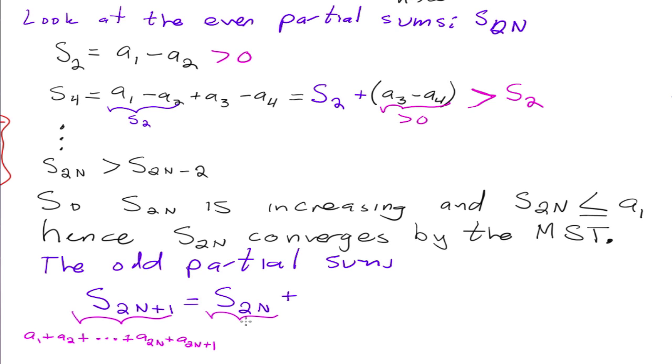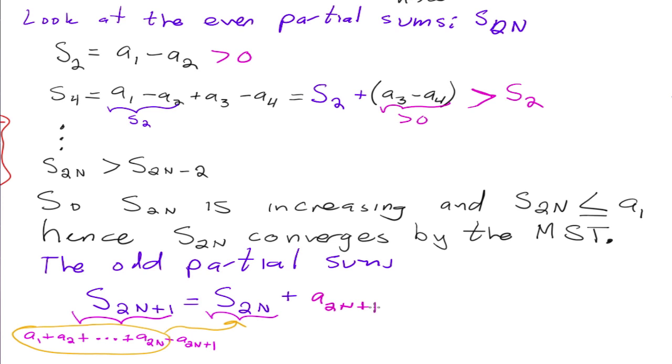That's the sum of the terms up to 2n, right? So that is just all of this right here. So then what's the only thing missing? That very last term, right? So the only one missing is this a sub 2n plus 1.